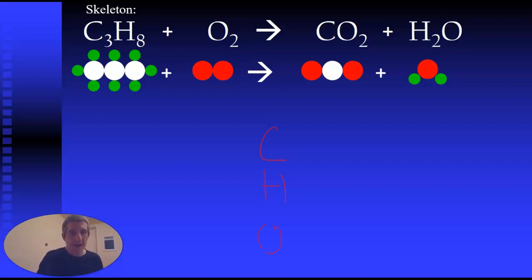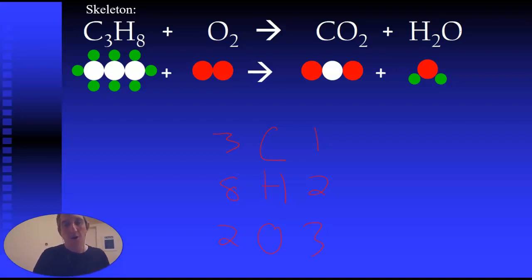And we're starting this out with 3 carbons, 8 hydrogens, 2 oxygens. We have 1 carbon on the product side, 2 hydrogens on the product side, and then if you're counting up the reds, 1, 2, 3, in case it's 2 plus 1, 3 oxygens over there. So that's not good enough.